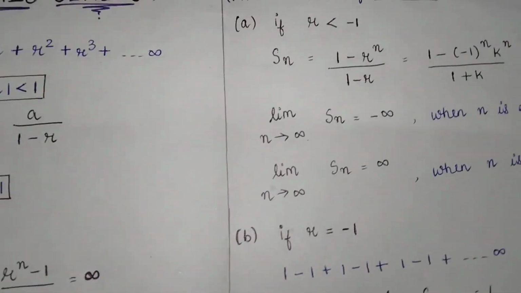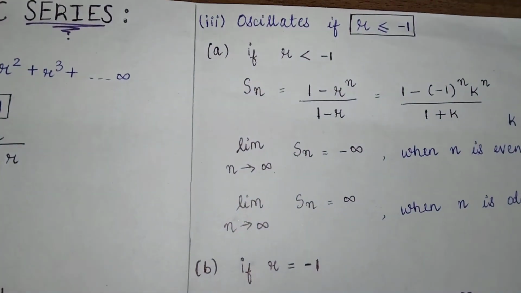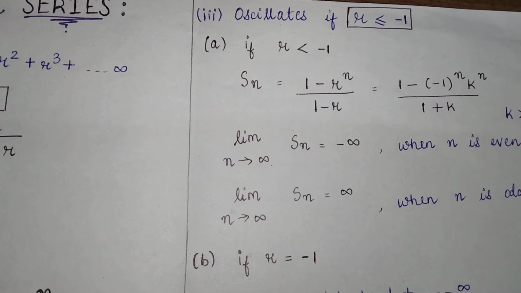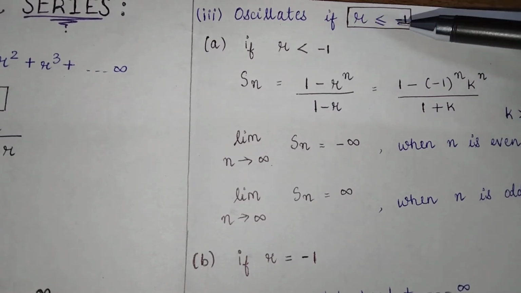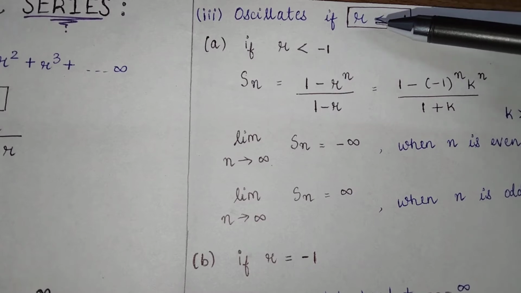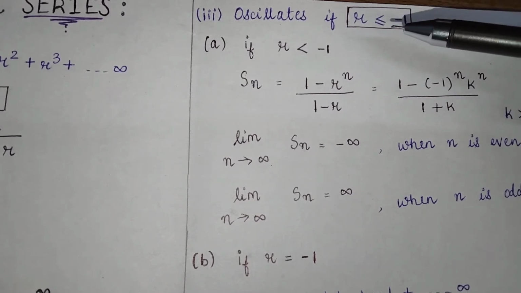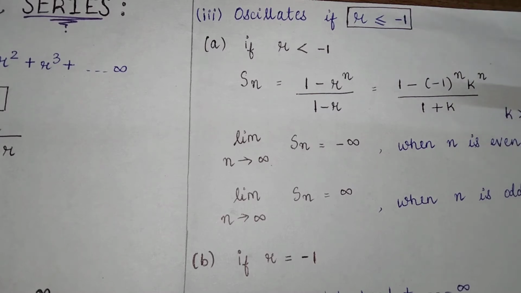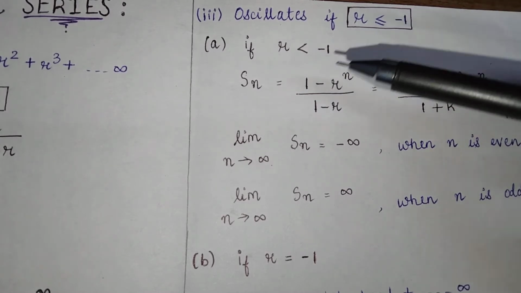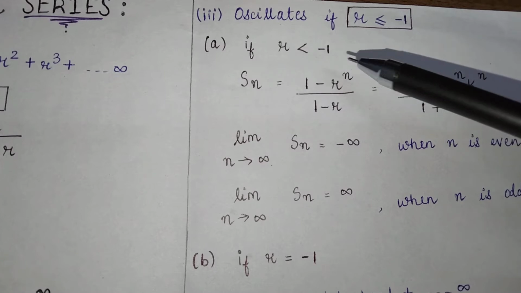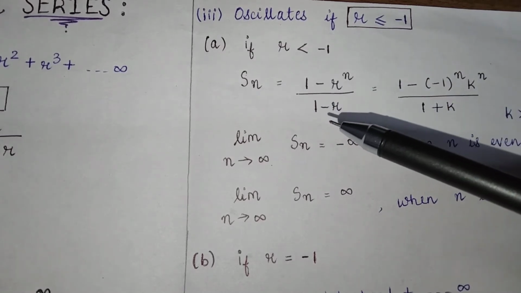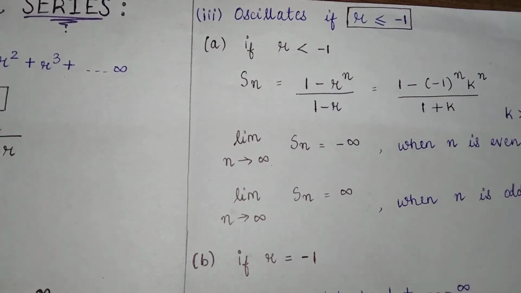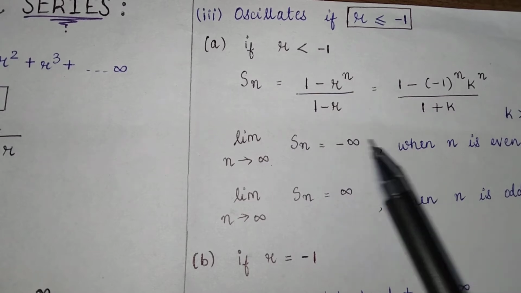Now, the third condition is oscillatory, if r is less than or equal to minus 1. If r is less than or equal to minus 1, meaning minus 2, minus 3 or anything like that, then the answer will be oscillating. If r is less than minus 1, the sum of the series can be written in this form: 1 minus r raised to n upon 1 minus r.